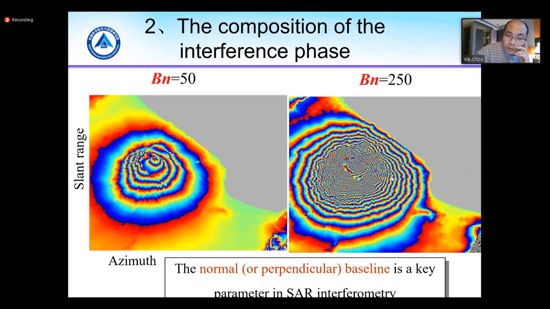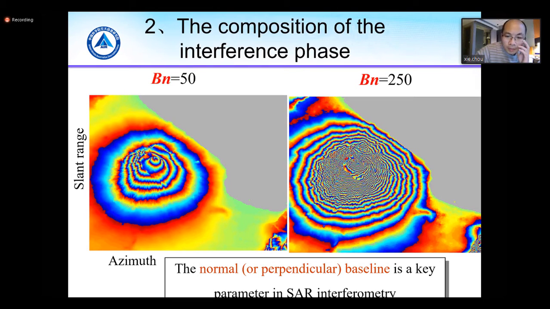When the perpendicular baseline equals 250 meters, the digital elevation fringe is very dense, and one cycle of fringe represents 40 meters height difference.